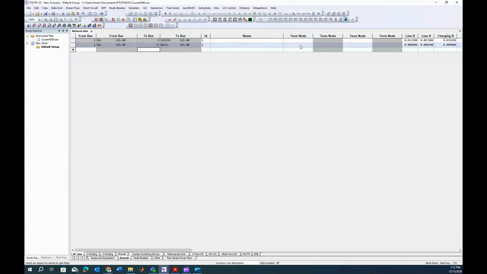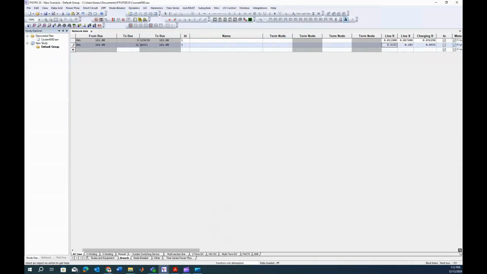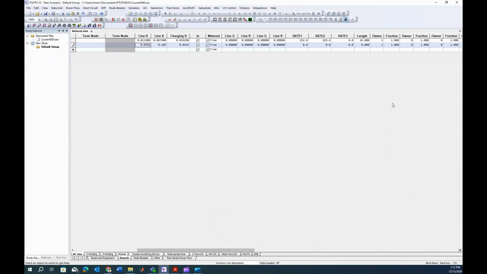And once it fills the information, you need to enter these three values: line resistance, reactance, and charging B. So if you enter those three numbers, let me say I'm giving that 3. After that, you also need to give the rating of the line. You can see that the ratings are also specified in the tables that you have.